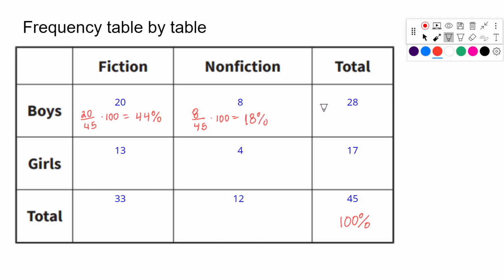And then we have the 28 out of 45 times 100 is going to be 62%.